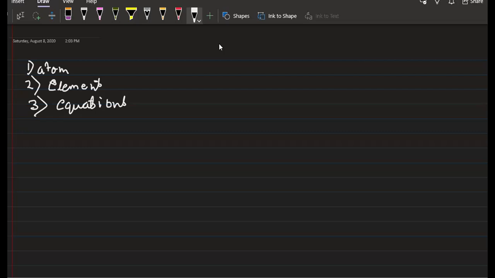Now, there's a lot to discuss about atoms, but since we have to complete this chapter, we'll discuss atoms and molecules in detail. I'll just tell you what is important related to this chapter. When we talk about atoms, first of all, we have an atom like a sphere.